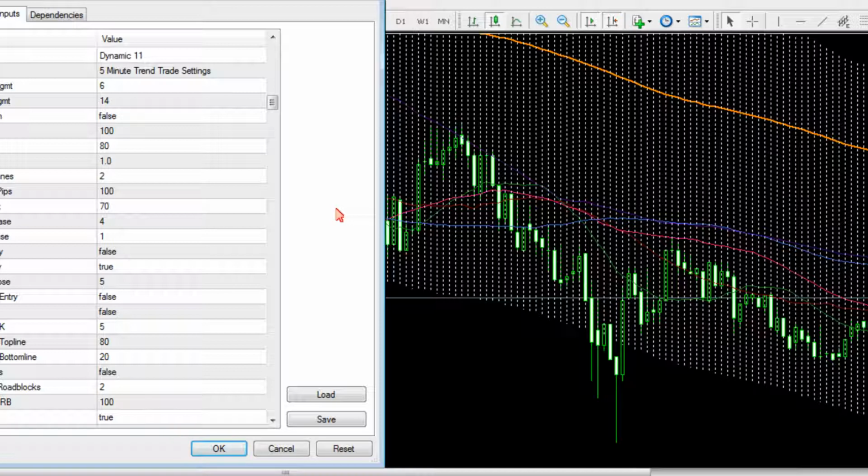Okay, trend 5 settings. Again, these are all based around Sam's original dynamic 11, which did prove to be very profitable. Again, I've got start and end times. The tiger bot, as you see, is set to false, so it's not going to enter any trades automatically for me. I will get an alert and I will have to accept it in order for it to place the 5-minute trend trade.